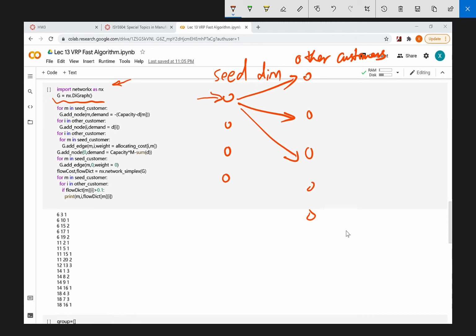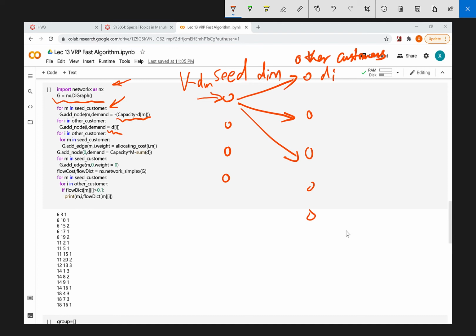The flow demand on each seed is the capacity minus the demand at the seed, and the demand at each customer is their own demand, which needs to be covered. So we generate the seed customers with the capacity to be consumed, and for the other customers, the demand is what their demand is.